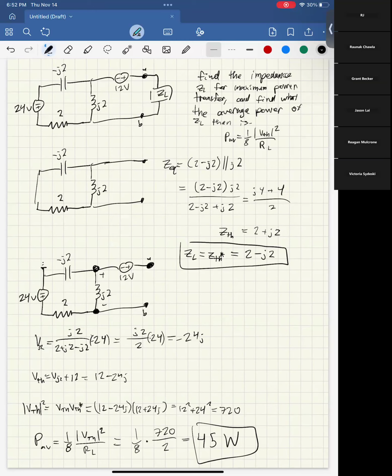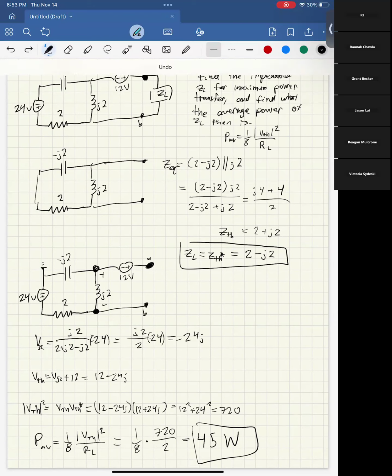The reason is that this formula is using VTH, so it's already been solved. To find it properly, you'd have to go back to the initial circuit, because the VTH here is not going to be the same as what you have here. The current will be split here and that'll mess with it.